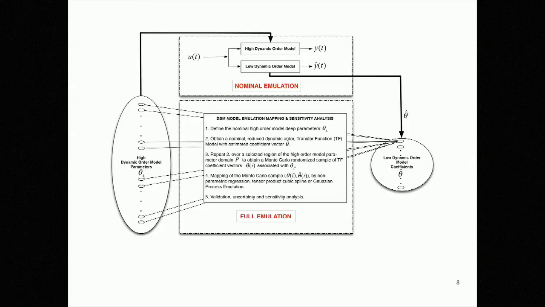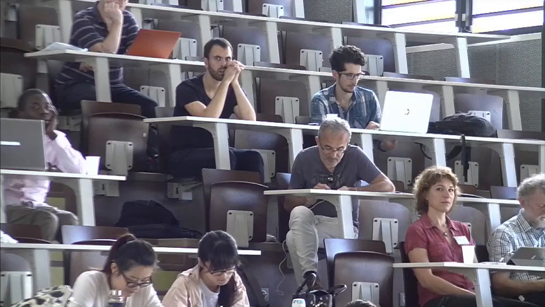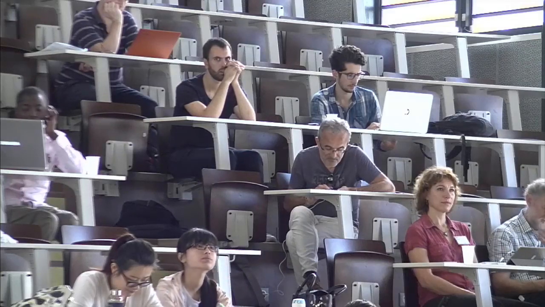Now, nominal emulation is when I find a low-order model that represents the high-order model for the parameters that are set. So just a single set of parameters. Now, if I want to have a complete emulation model, I have to do the lower block.